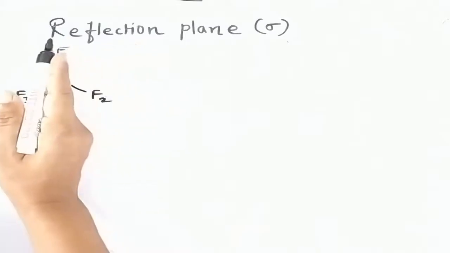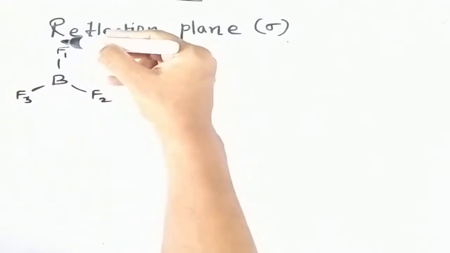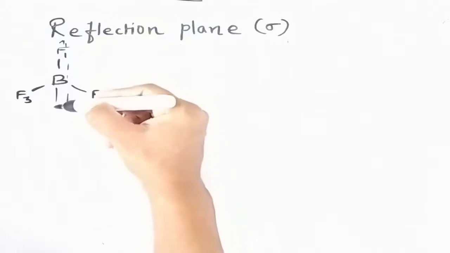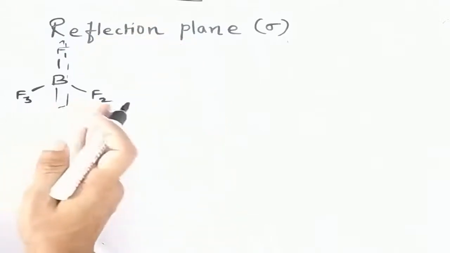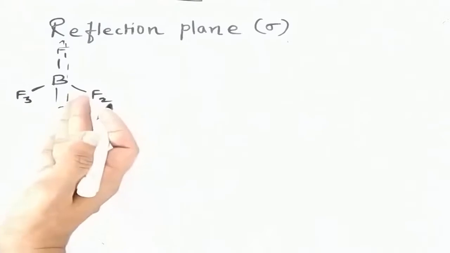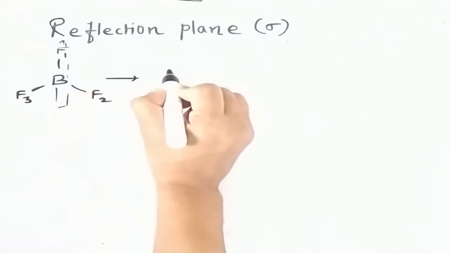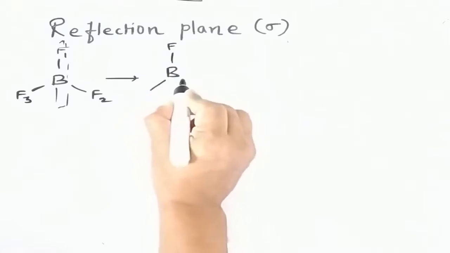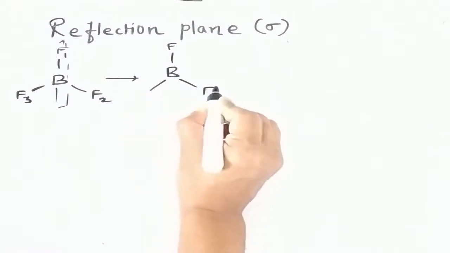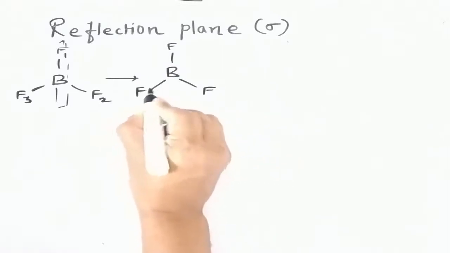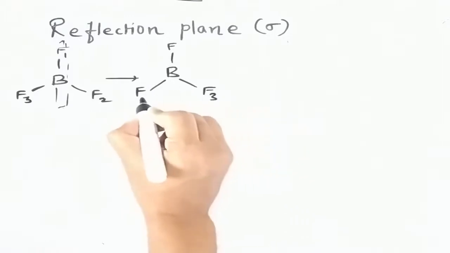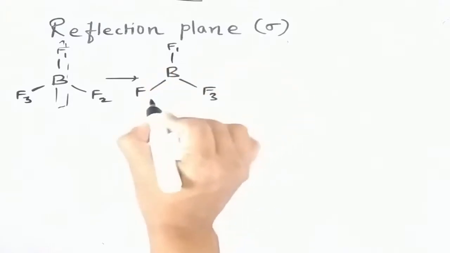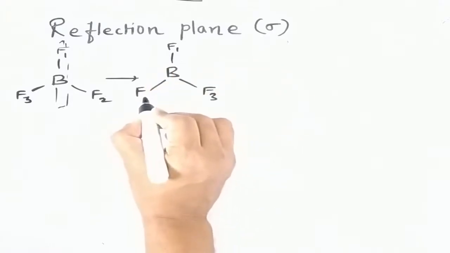If I operate a plane through this BF1 bond, F3 and F2 will get exactly replaced, and I will get my original molecule back. That means there is a presence of sigma along this BF bond.